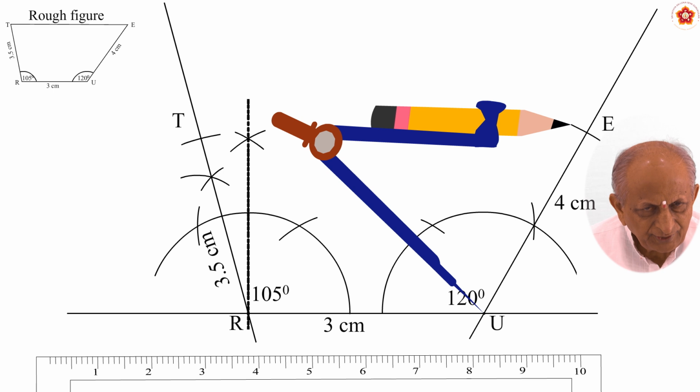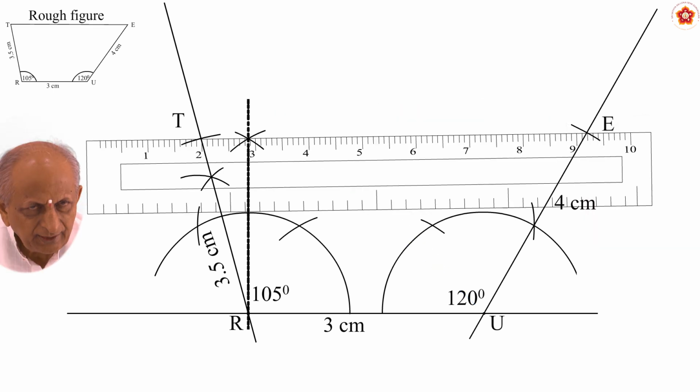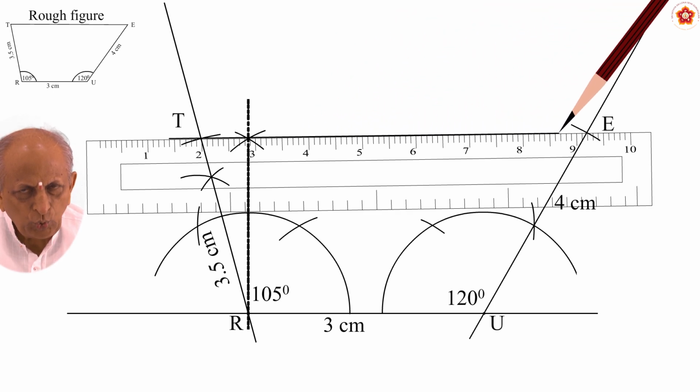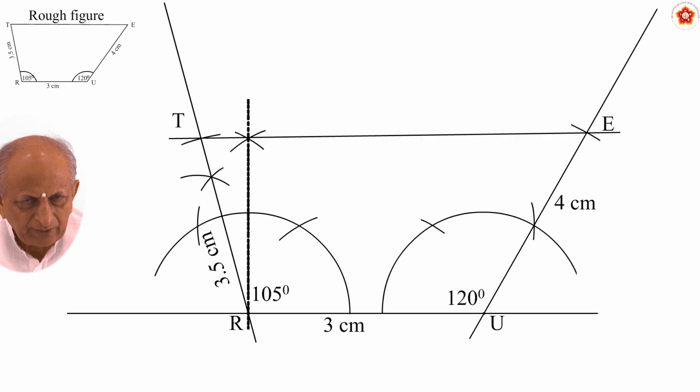You name it as E. Join T and E. You get a beautiful quadrilateral called TRUE. Correct? So what rough figure we have drawn?